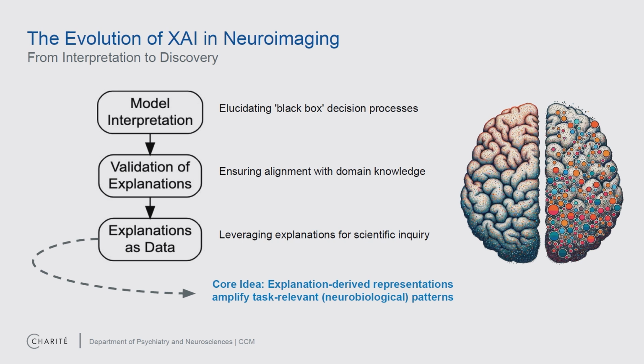What I would like to do is to move on from that to treating these model explanations as data themselves, leveraging the explanations for further scientific inquiry. The core idea here is that explanation-derived representations amplify task-relevant, or neurobiological in our case, patterns.